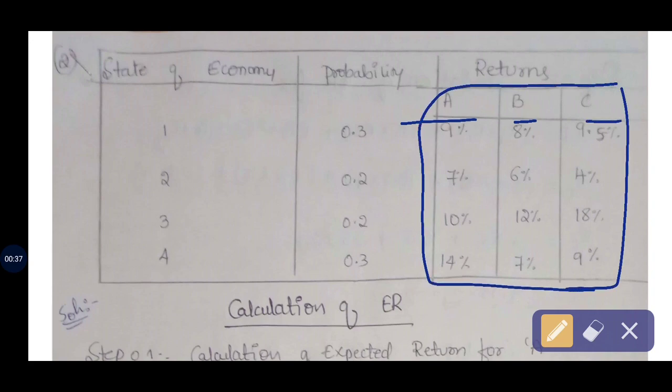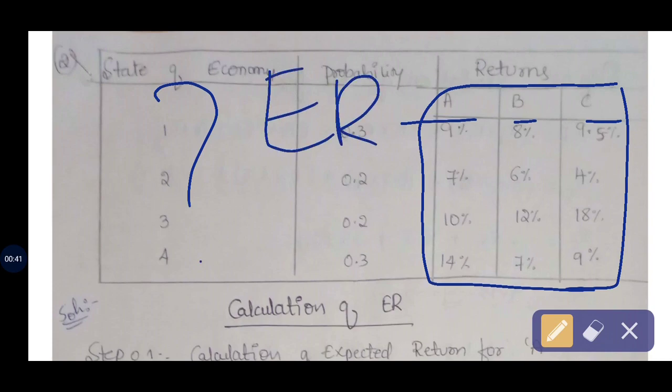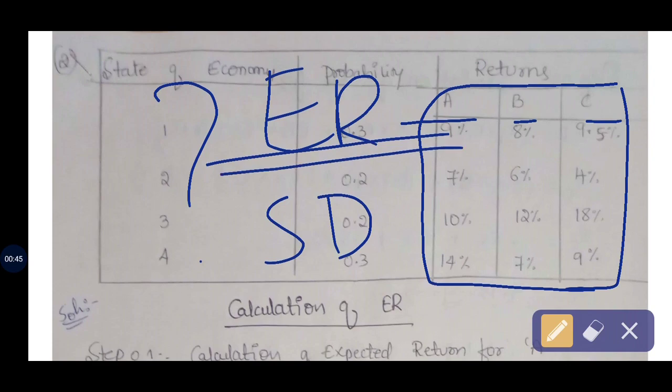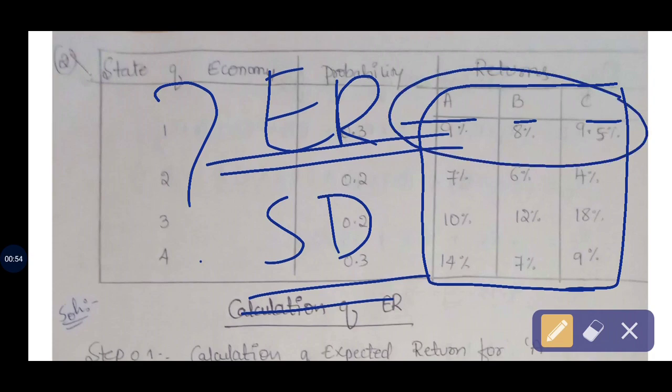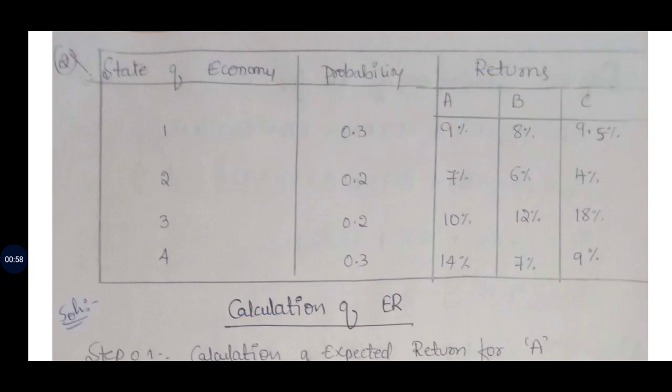So in this case, we will get to know how to calculate the expected return and the standard deviation. The same procedure will apply for these three securities also. Let's look into the solution.